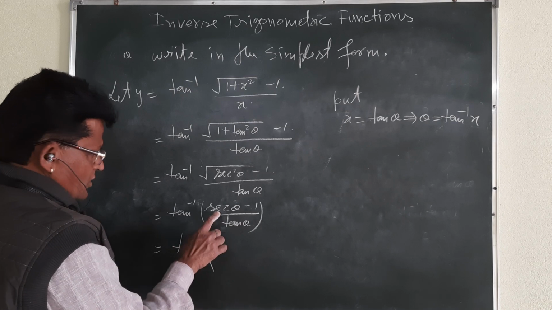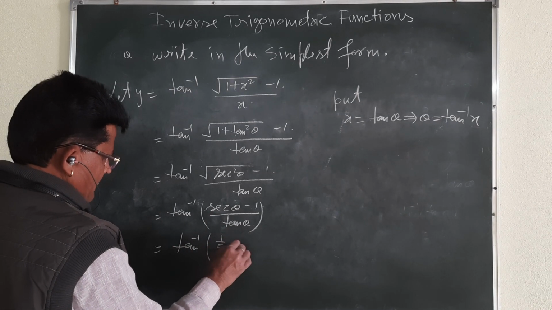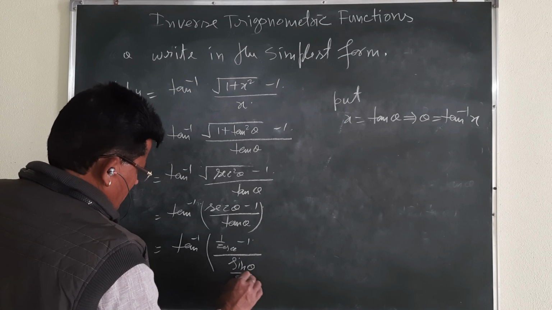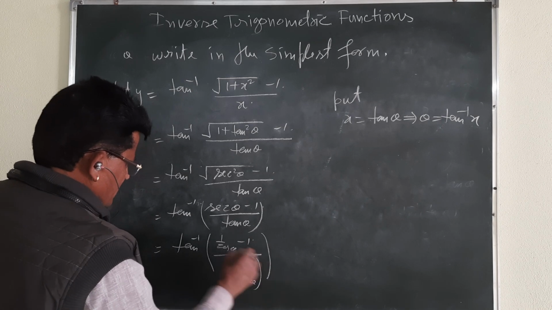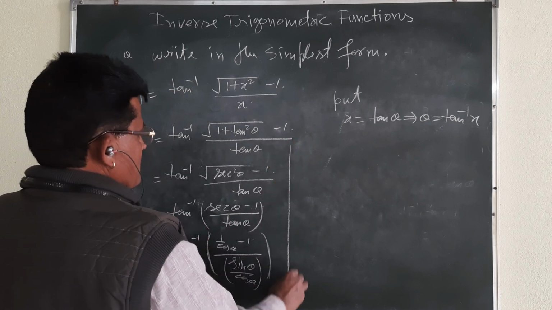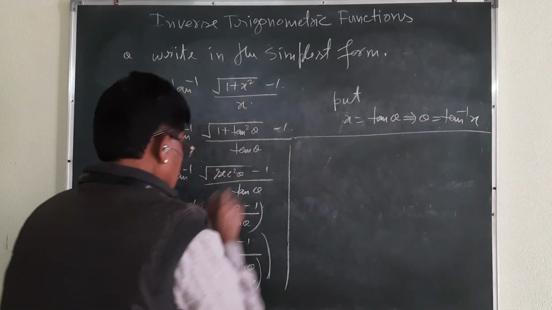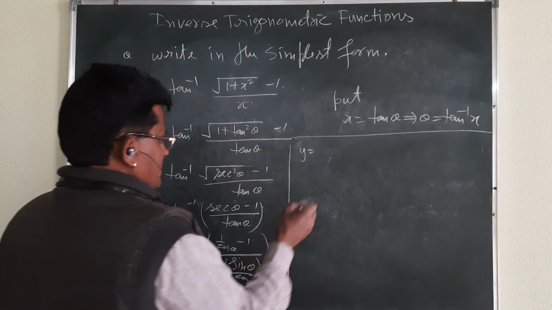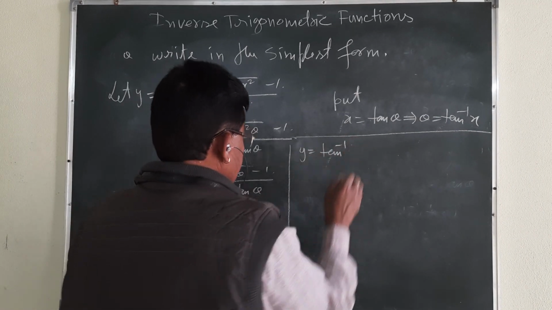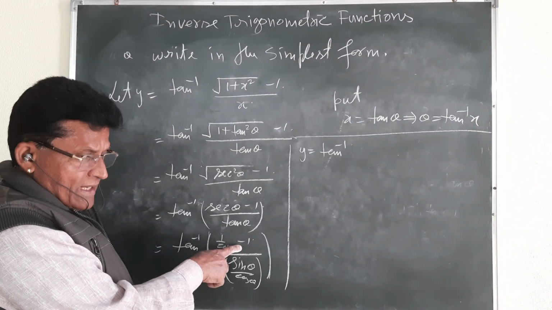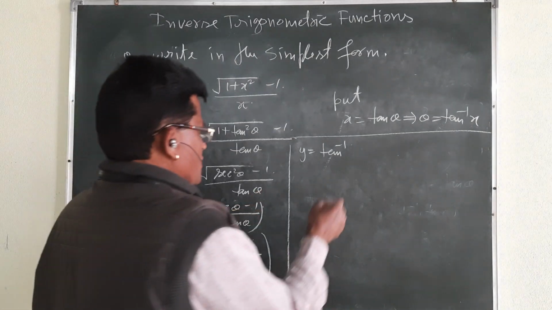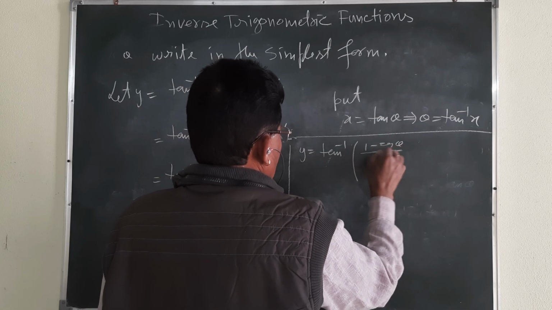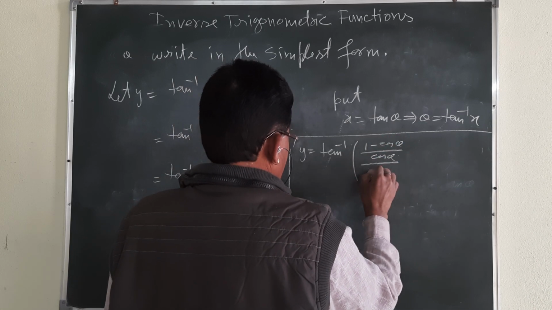Change it into sin and cos form: 1 upon cos theta minus 1 upon sin theta upon cos theta, this is the value of tan theta. So y will be equal to tan inverse. Take the reciprocal of numerator and denominator separately. It will be 1 minus cos theta upon cos theta, and upon sin theta.